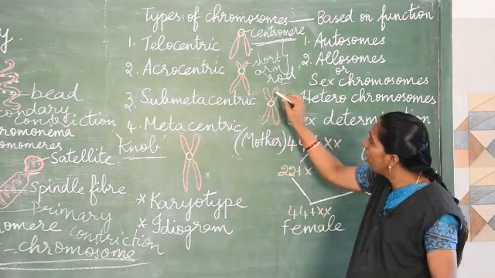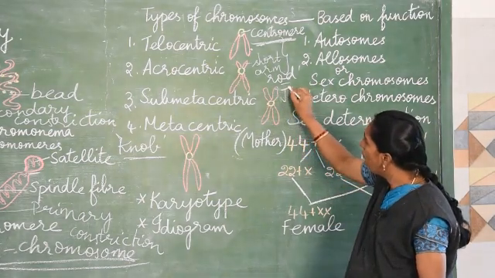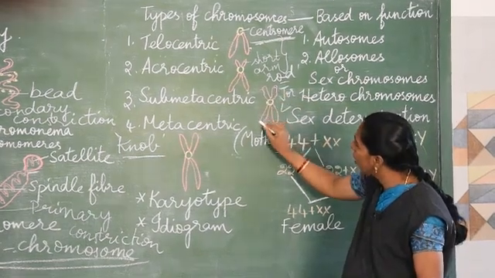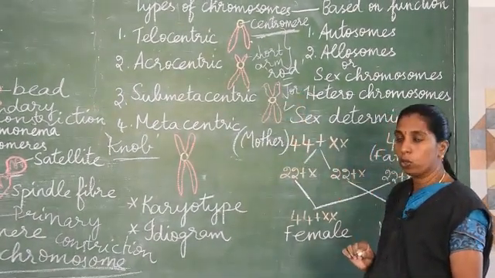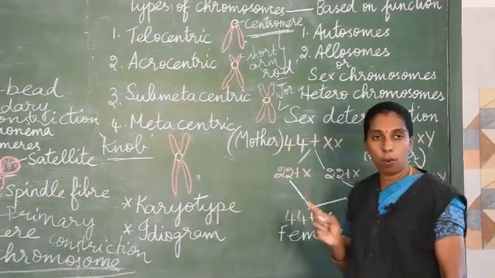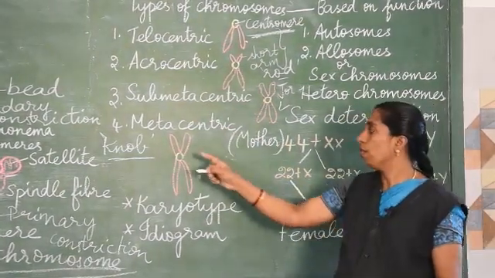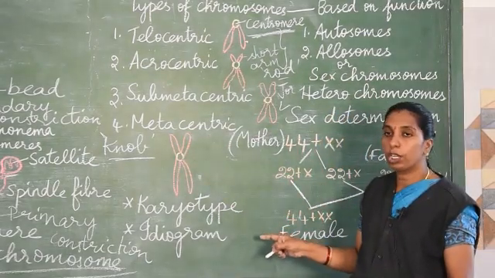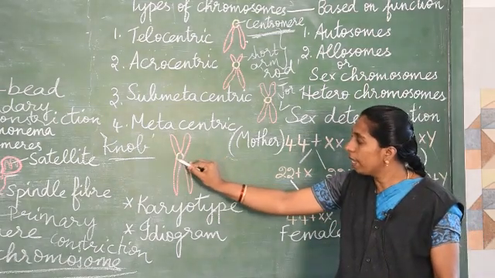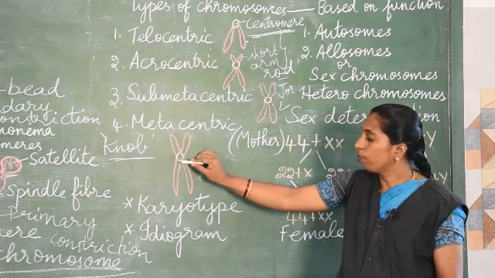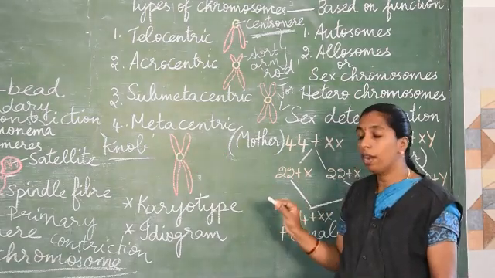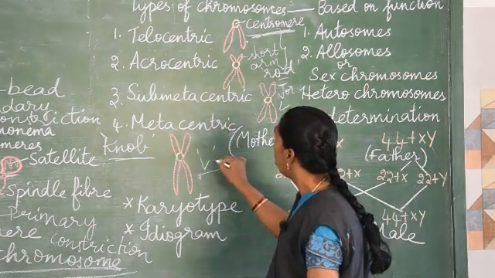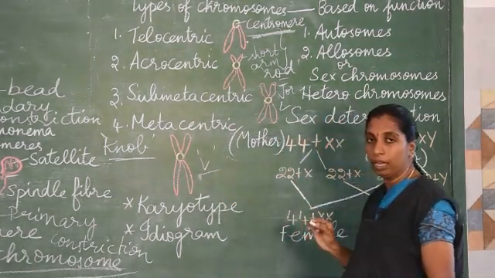And the fourth one is the metacentric chromosome. Here the centromere is more or less exactly located in the center, and the shape of this chromosome is V-shaped. Metacentric chromosomes are V-shaped chromosomes.